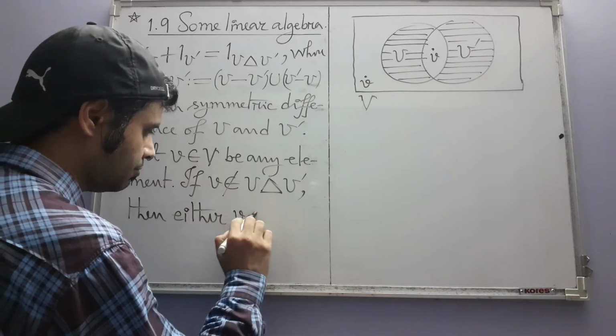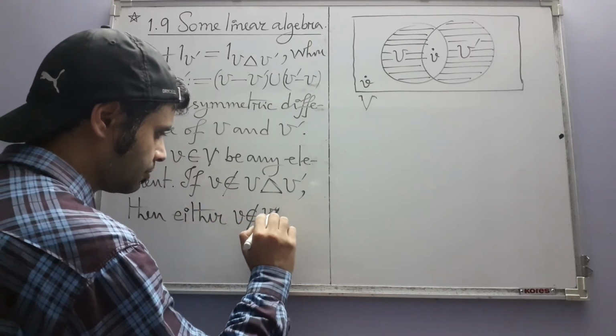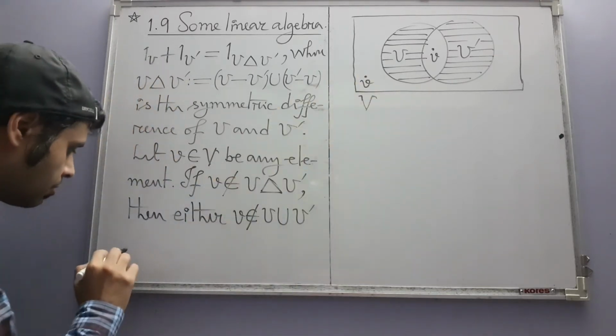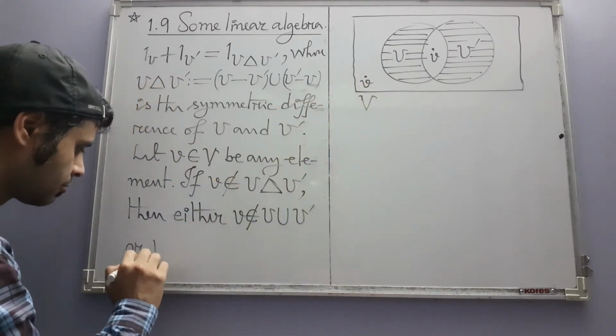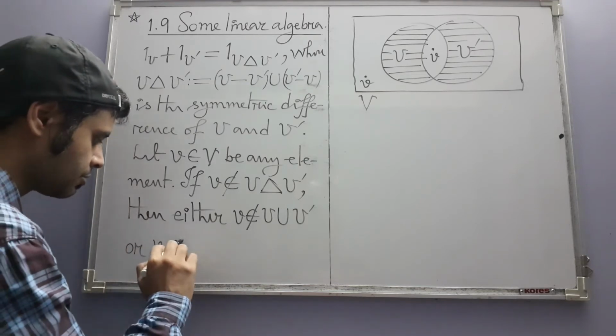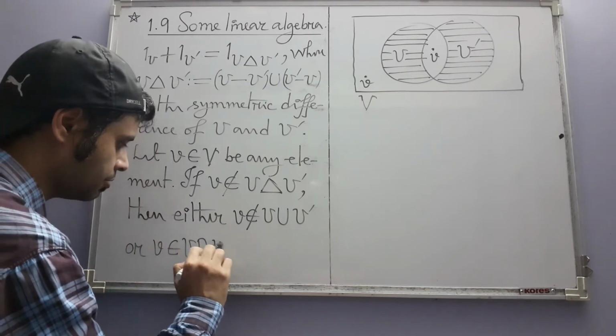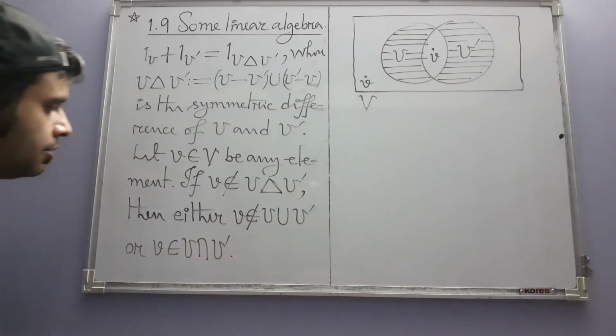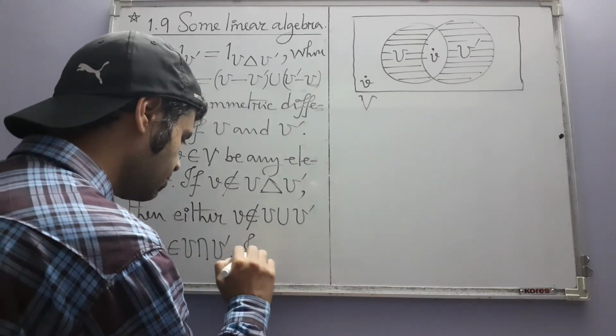Then either phi does not belong to u union u prime, or phi belongs to u intersection u prime. Keep that in mind.